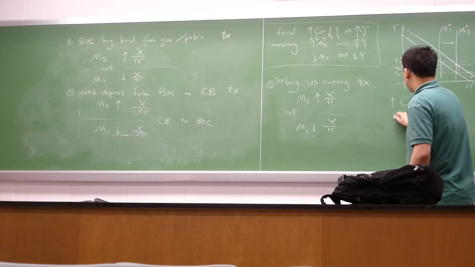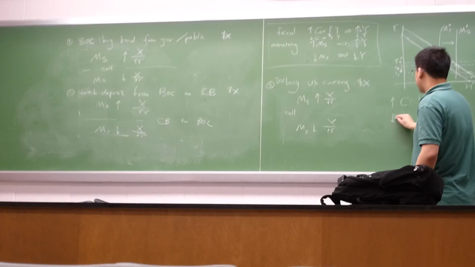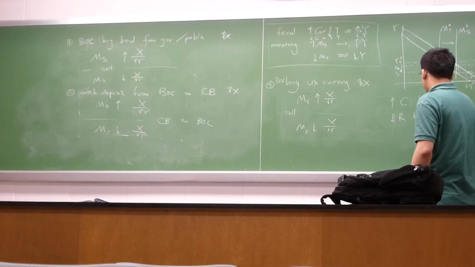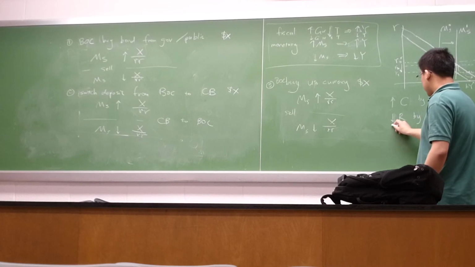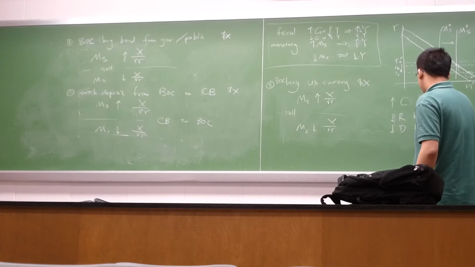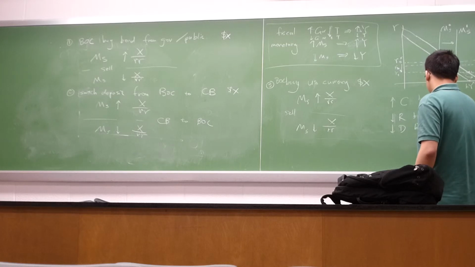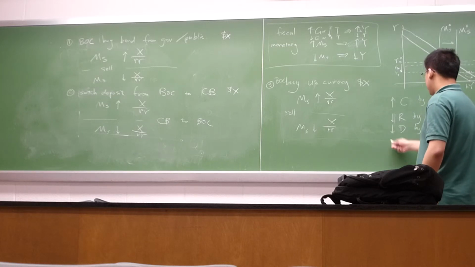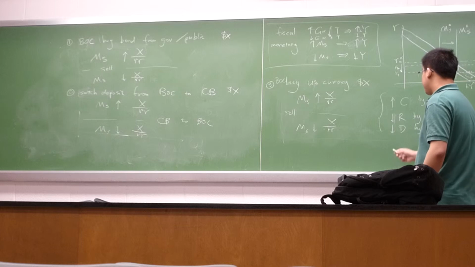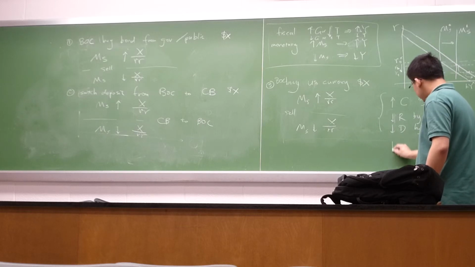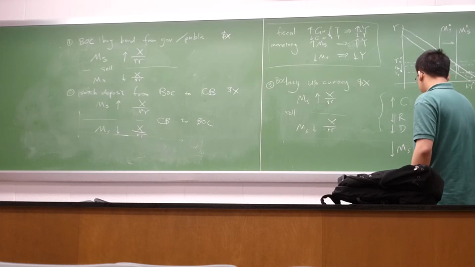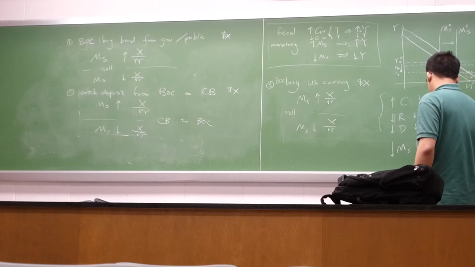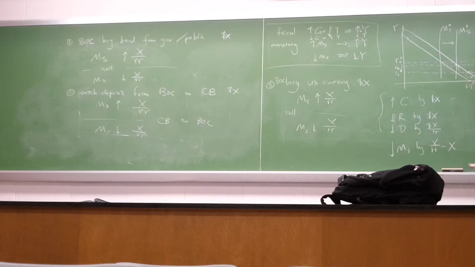So you will decrease deposit by X over R dollars. Sum them up, and you will decrease money supply by X over R minus X. Money supply is deposit plus circulation.